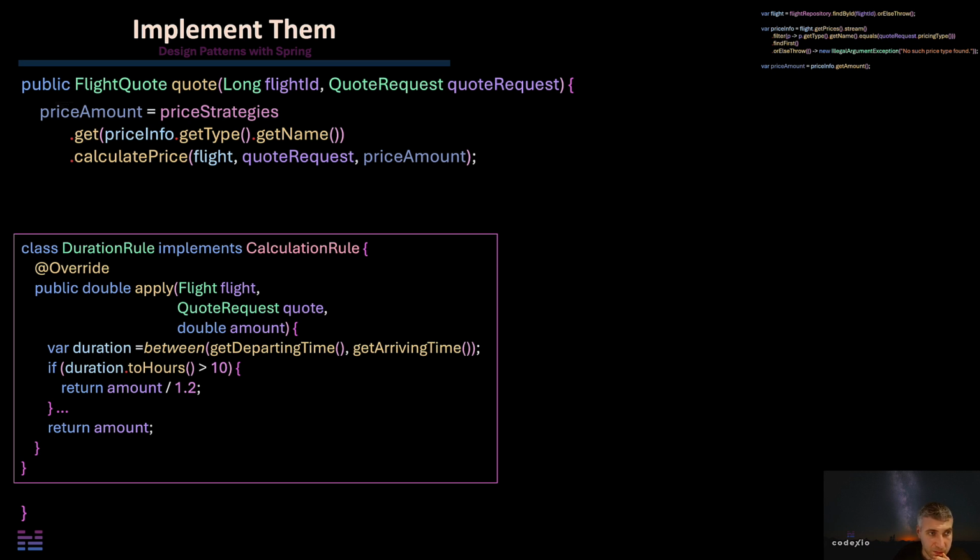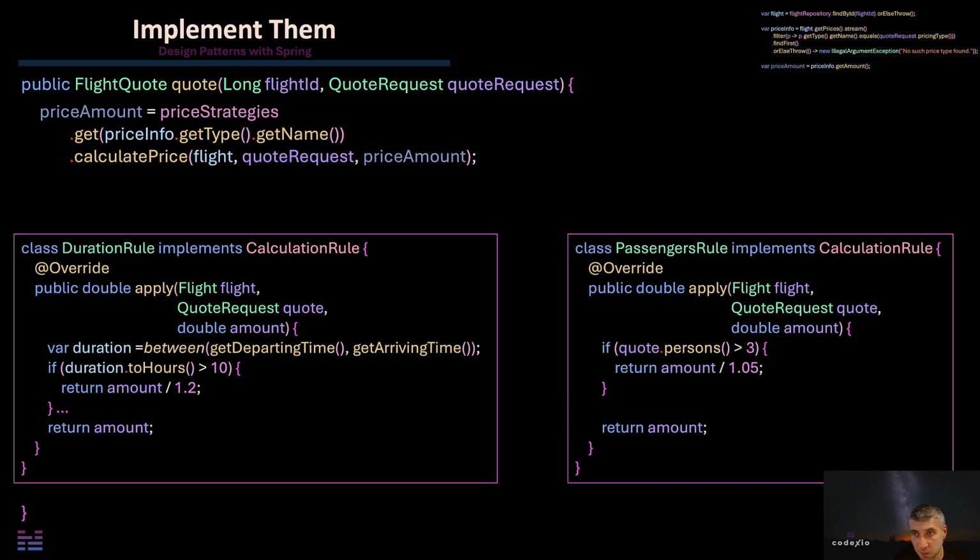And okay, maybe we can have more of that. Some rule engine of duration rules that also can be used inside the strategies to apply duration rules, to apply passenger rules, to apply any other rules that we may need.